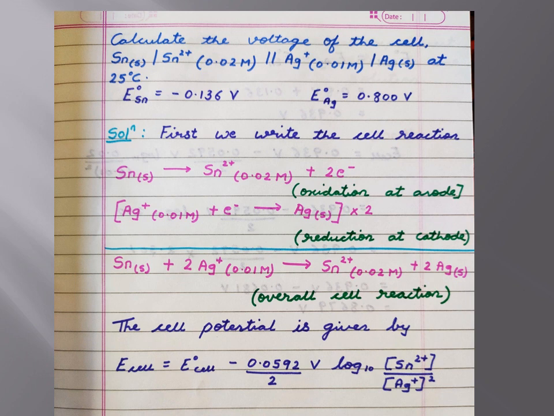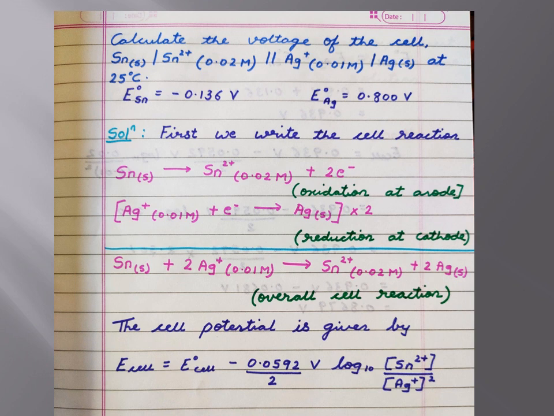Calculate the cell voltage of the cell Sn | Sn2+ || Ag+ | Ag (solid) at 25 degrees Celsius. E0 Sn is equal to minus 0.136 volt. E0 Ag is equal to 0.800 volt.